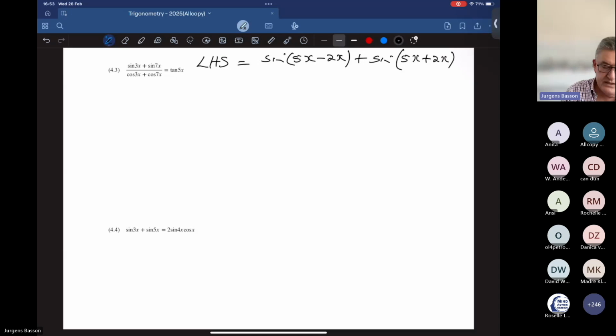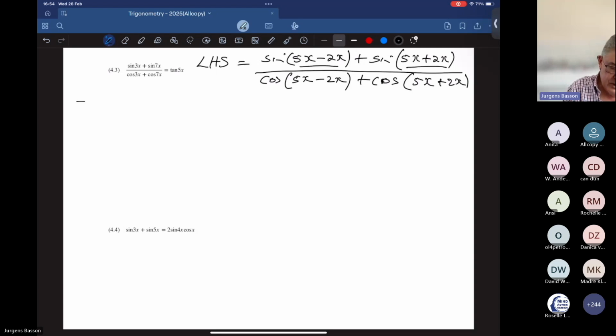The reason why this works so well, and we always look for this, a plus and a minus, is that in the next step we're going to expand it. And when we expand this, 2 terms will cancel and the other 2 terms will be the same. So let's just do the numerator, and we're going to do exactly the same thing. It is the cos of 5x minus 2x plus the cos of 5x plus 2x. But now, ladies and gentlemen, you must bear with me.